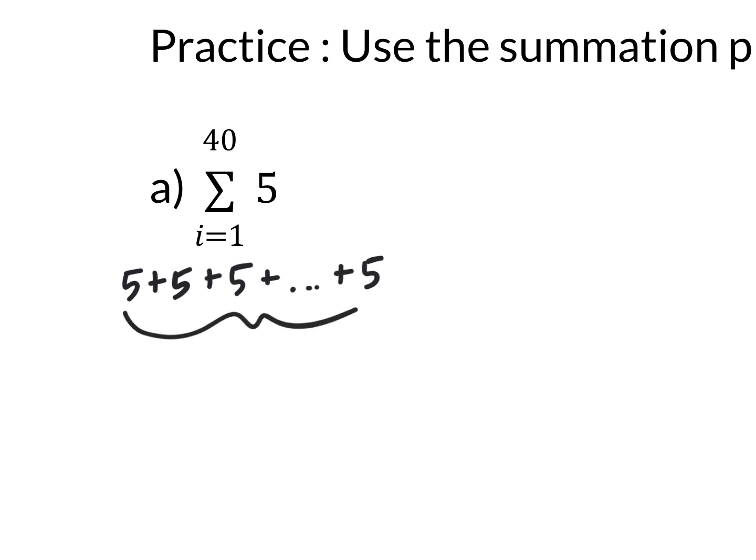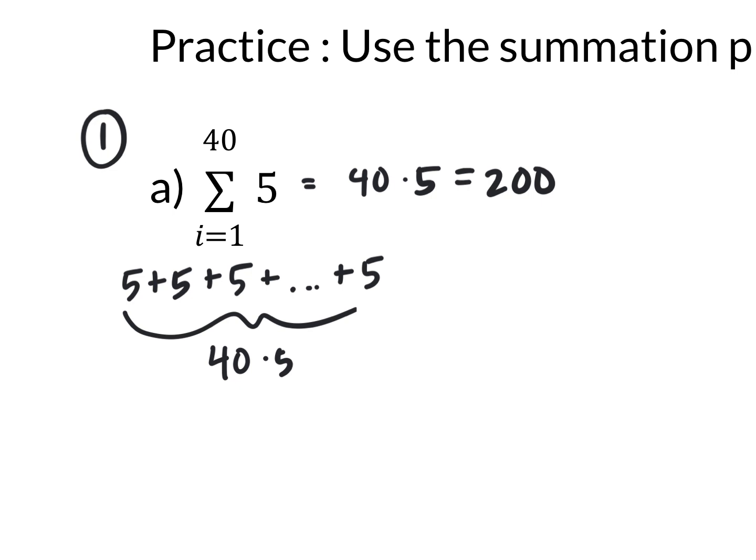So do you guys see why we can take 40 times 5 to give me our answer of 200? If I added all of those 5s together, I would get 200. That is using property 1, which is a constant. You multiply that top number with your constant to get your answer.